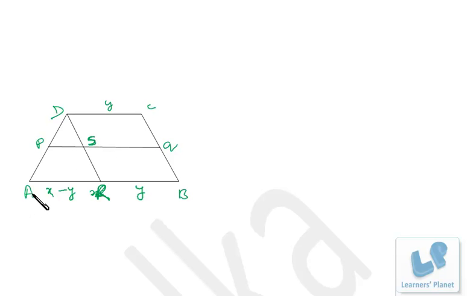You must be knowing the midpoint theorem. Now what exactly midpoint theorem is? See, P is the midpoint of AD, S is the midpoint of DR, and PS is parallel to AR. That means length of PS must be half of AR, right? Listen to me once again.